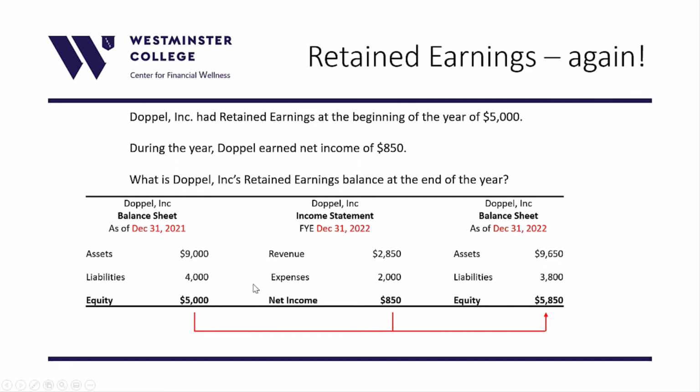So the next year rolls around and we have revenues and expenses, and the net of that, the net income, is $850. That net income of $850 rolls into the next balance sheet, into the equity section. So now we have $5,850 in equity. We're assuming that retained earnings is the only account in that area. Okay, so that's a more simplified view of the previous slide.